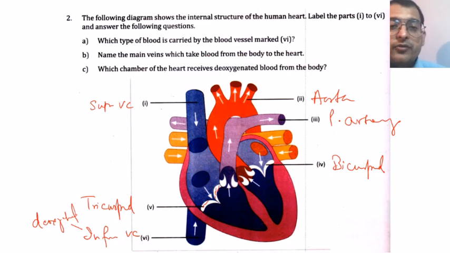Name the main vein which takes the blood from the body to the heart. It is the superior and inferior vena cava which will take the blood from the body to the heart. Which chamber of the heart receives the deoxygenated blood from the body? It is the right atrium. Correct.